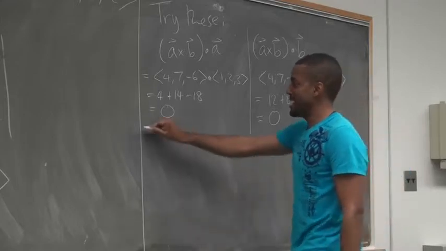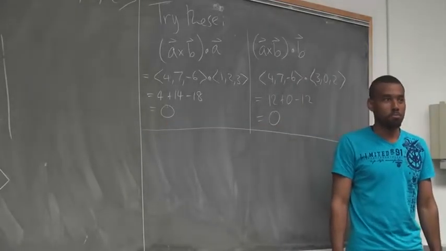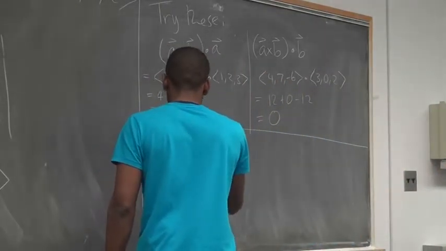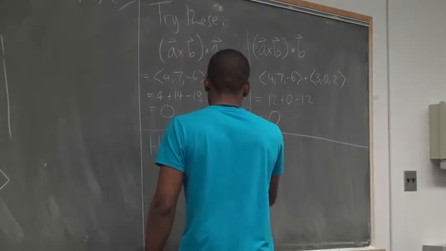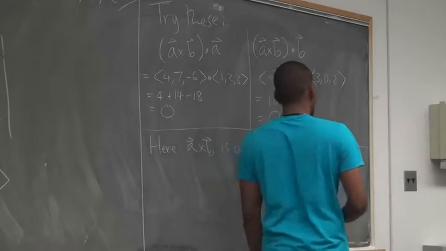Okay. What does that tell you? Here, a cross b is orthogonal to not one, but both of them.